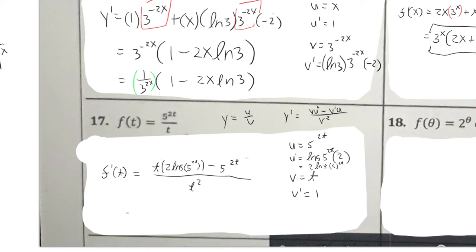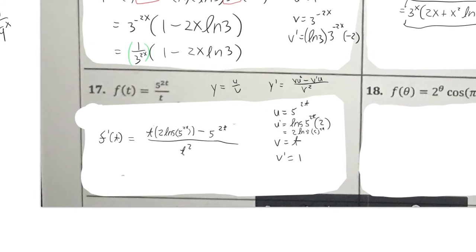Now, it is the case that really this is just sort of 4 numbers being multiplied together. We have t times 2 times ln of 5 times 5 to the 2t. So, even though I wrote the parentheses like this, that's still the reality of what's taking place here. So one way of working with this is you could factor out the 5 to the 2t, right?